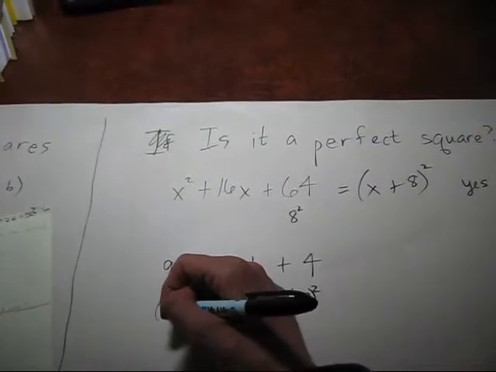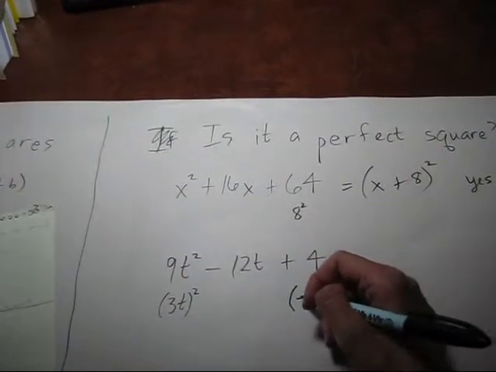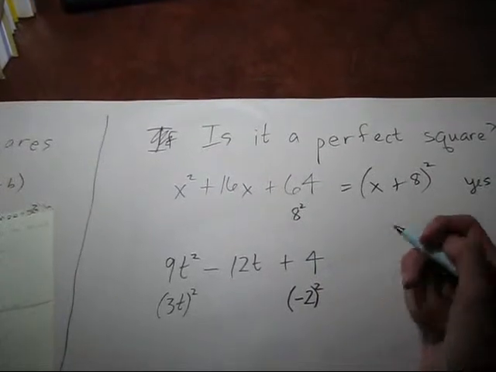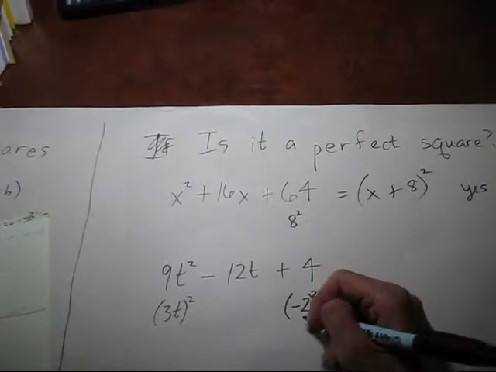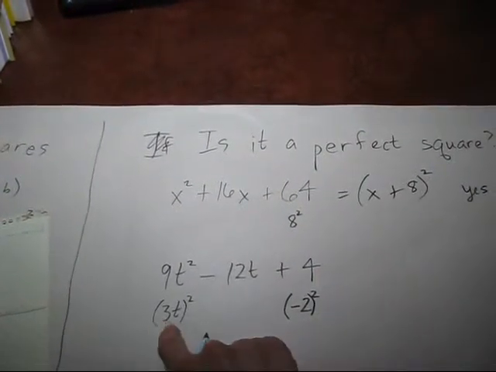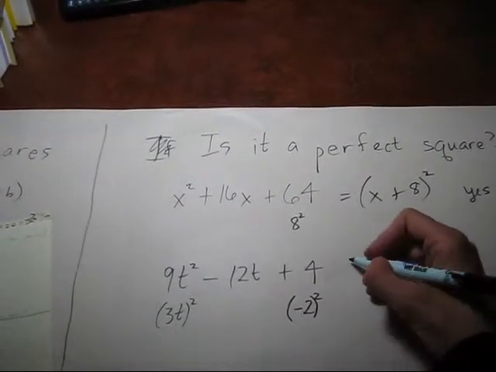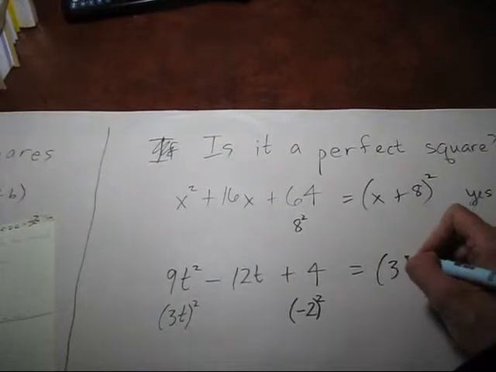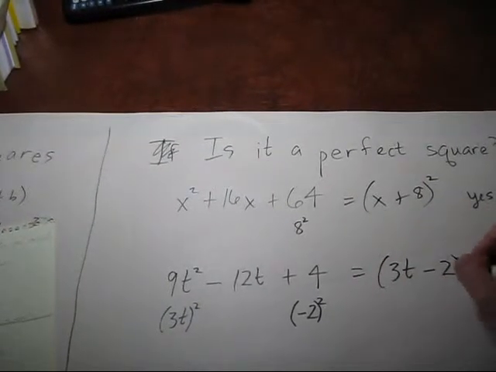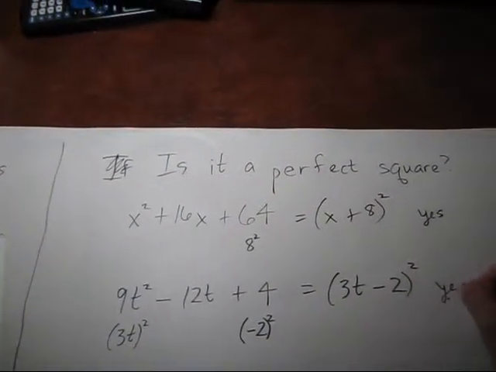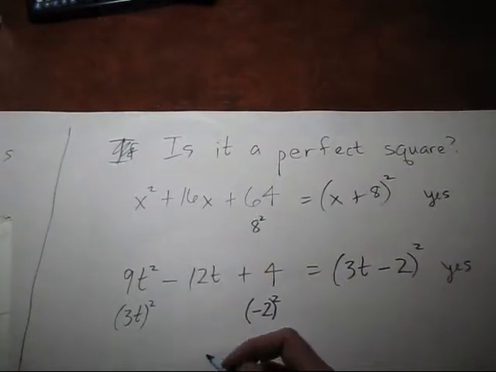Technically, we could actually have a negative 3t squared instead of the negative 2 squared. Traditionally, it always goes with the constant. Now, if we double the 3t times the negative 2, we do get that negative 12t. So this is 3t minus 2 quantity squared.